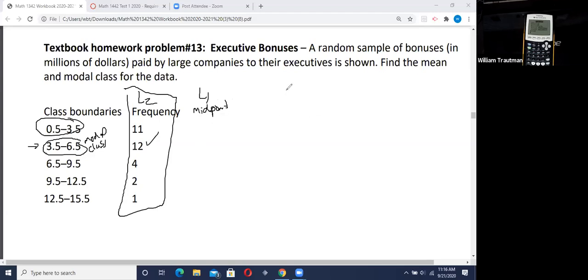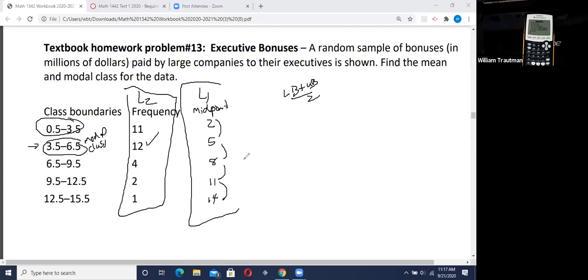Midpoint is the lower boundary plus the upper boundary divided by 2. And when I do that, I get 2. Here I get 5, 8, 11, and 14. Do you see? Once you do 2 of them, it increases by 3. They always increase by the same amount.